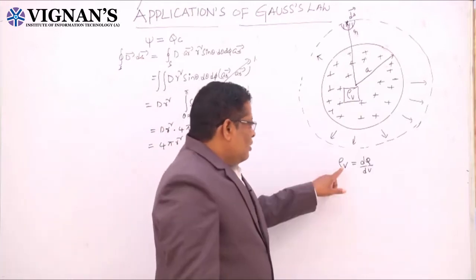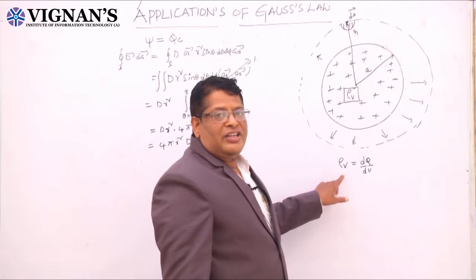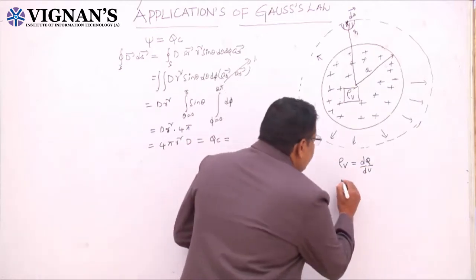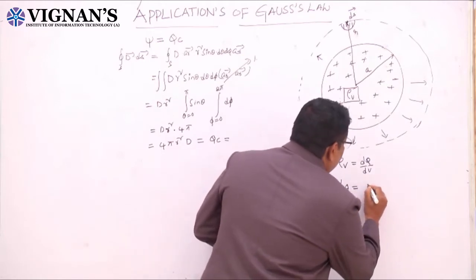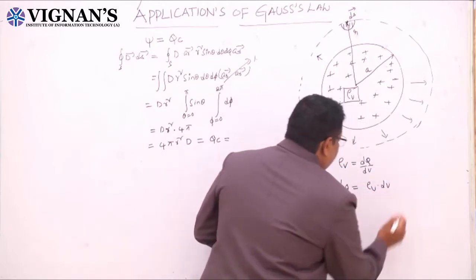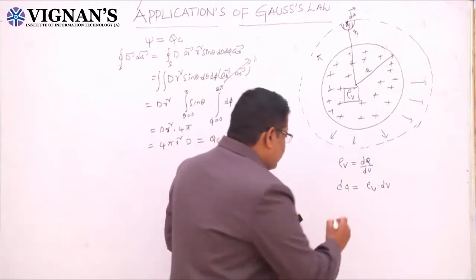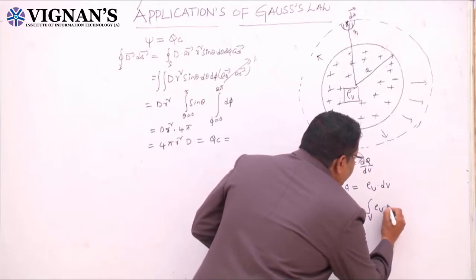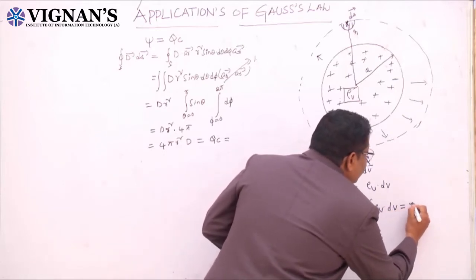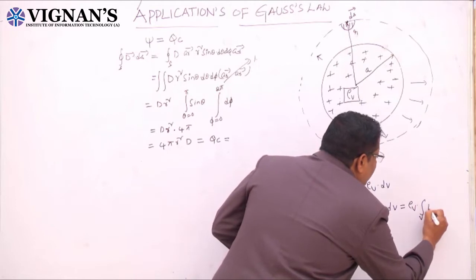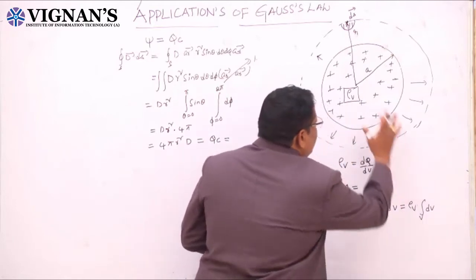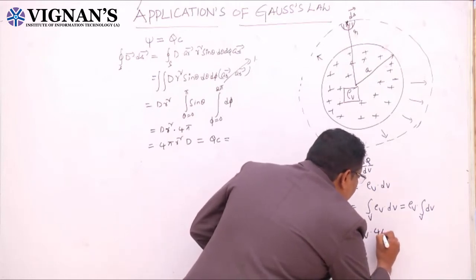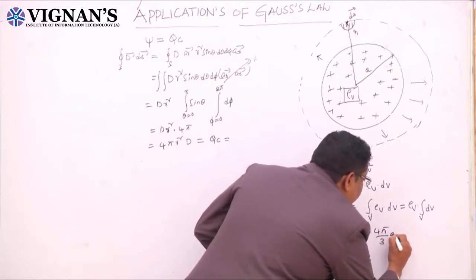So rho v is the volume charge density, equal to dq by dv. Now dq equals rho v into dv. Take the integration on both sides. Q equals the volume integral of rho v dv. This we can write as rho v times the volume integral of dv, which is nothing but the volume of the sphere. This is equal to rho v into 4 pi by 3 a cube.